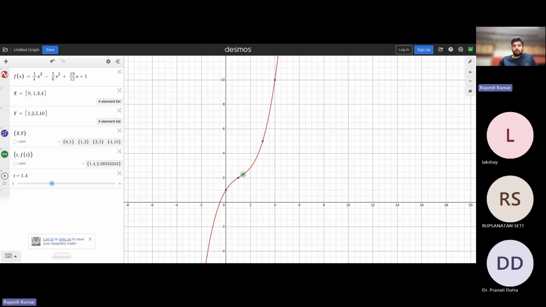Someone is typing in the chat box. Do you have any doubts? Someone is trying to type some questions, but I am not getting them.